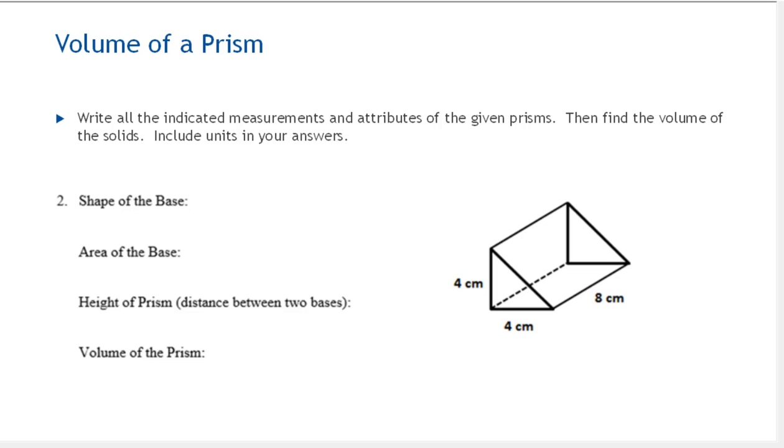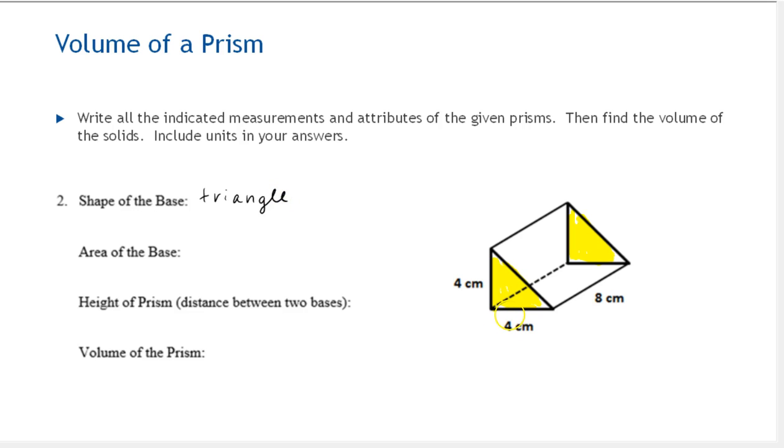So we're going to shade the sides that are parallel and the same shape, and that's going to be this triangle and this triangle. You can see these are the sides connecting those two bases. So the shape of the base is a triangle.